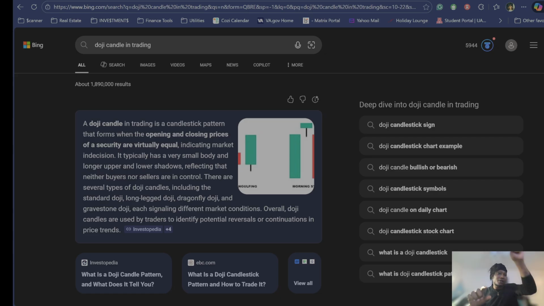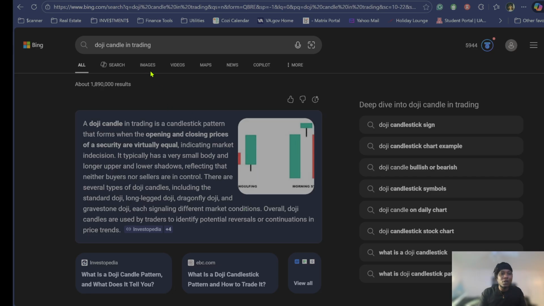That's what they call those different things, securities, whether it's gold, indices, bonds, forex, different securities, indicating market indecision. It typically has a very small body and a large upper and lower shadow. These are the wicks, basically. So read up on that.